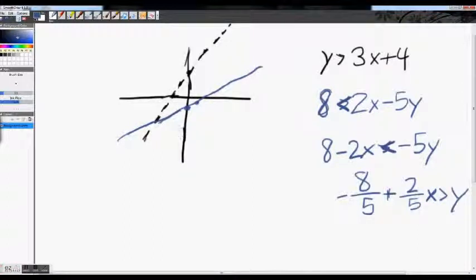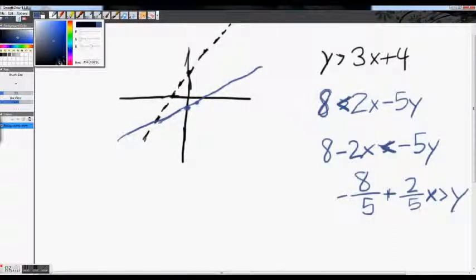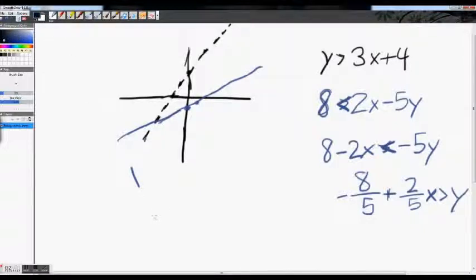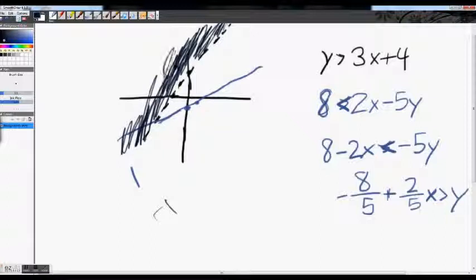Now, the first one says that y is greater than this line. This one here. Second one says that y is less than this line.